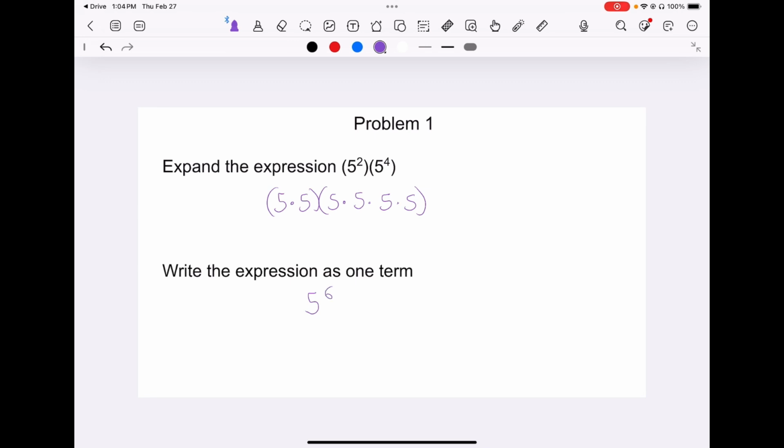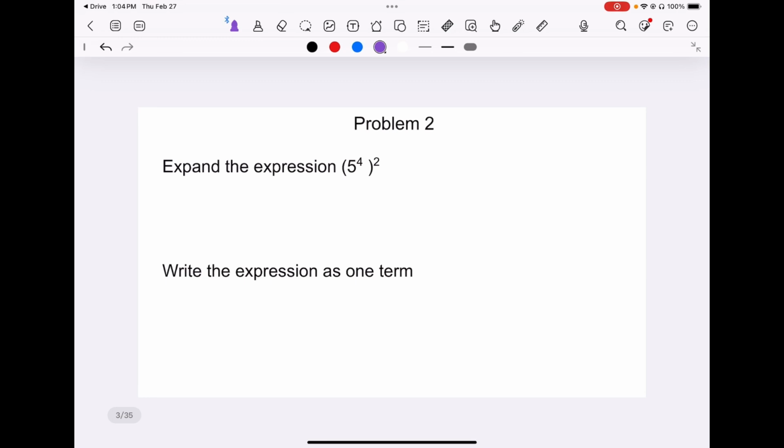So I could write this as 5 to the 6th power. Now when we're multiplying terms, and they have the same base, we can just add the exponents. So 4 plus 2 is 6.